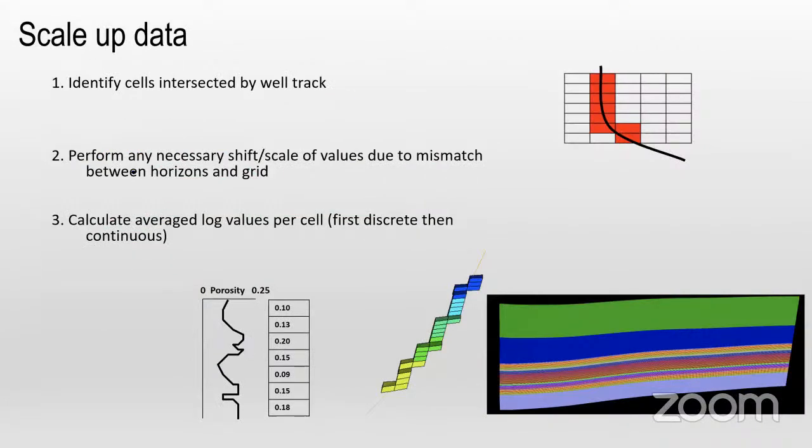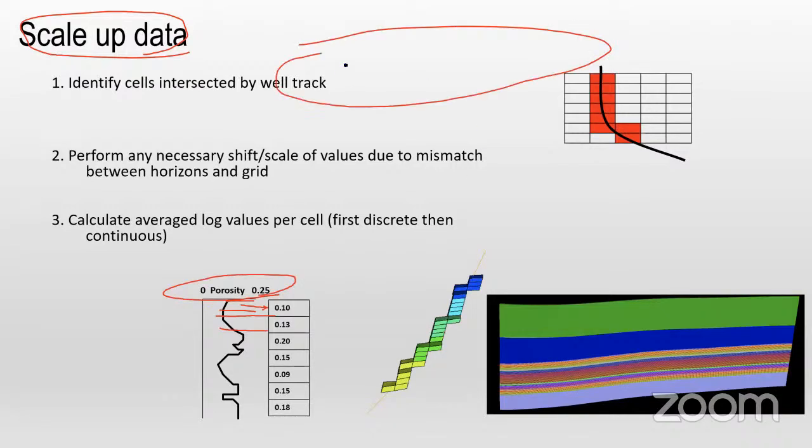We do this process in a scale-up process. In the scale-up process, look at this one, that's the porosity log. For this interval, we just assign one value to one cell, and we call this process scale-up data. So you have, for example, 60 wells in an oil field, and for those wells you have porosity data. Assume that's the field.